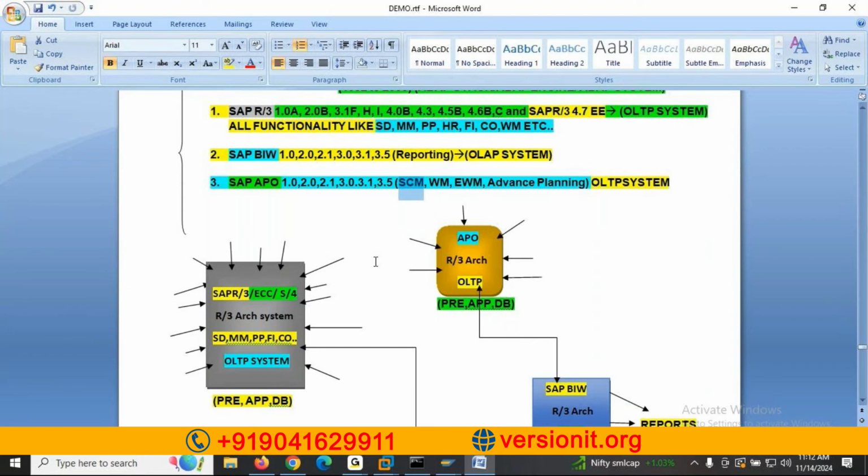Guys, what do you mean by SCM? Supply chain management. Guys, those supply chain management features are not there in R3. So specifically for supply chain, they have designed one more system.